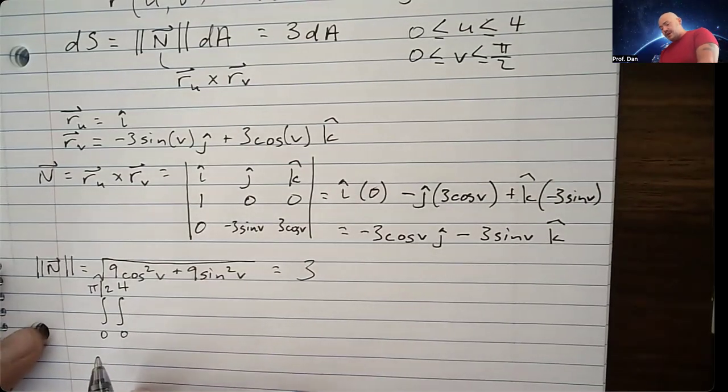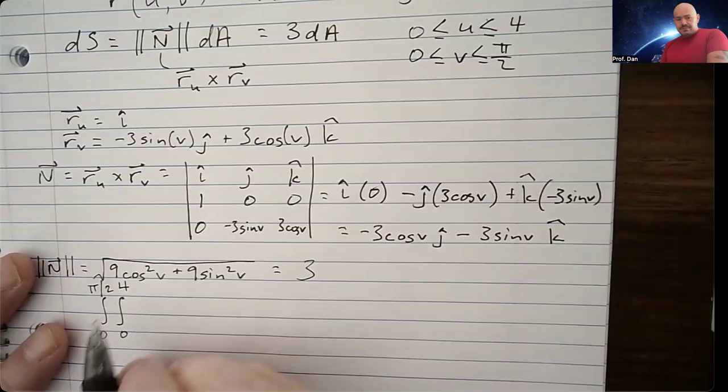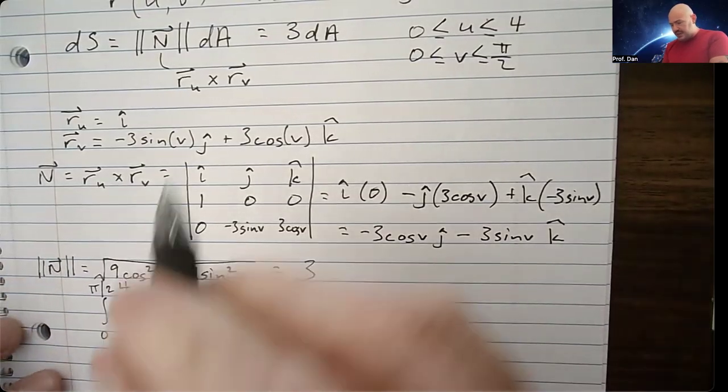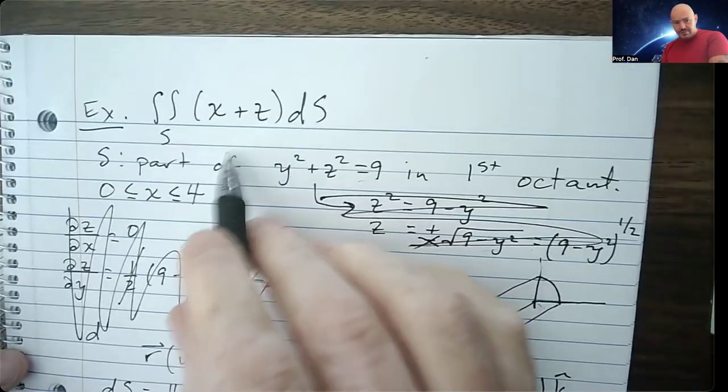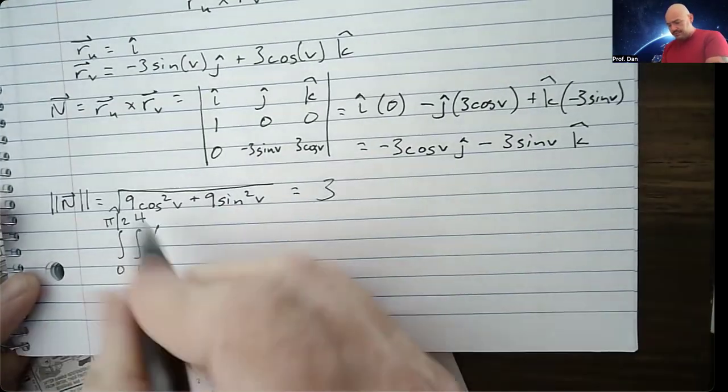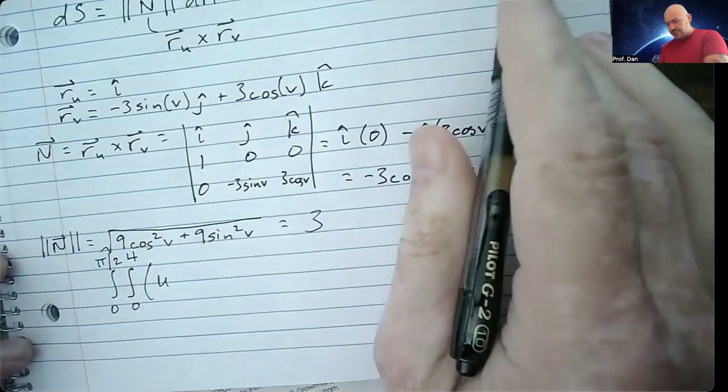So now that I have the bounds, I know that I can rewrite my integrand using the parameters that we got. So x, remember, was equal to u. It's the x component. Z, remember, was equal to 3 sine of v.